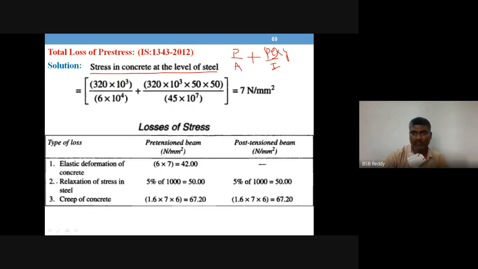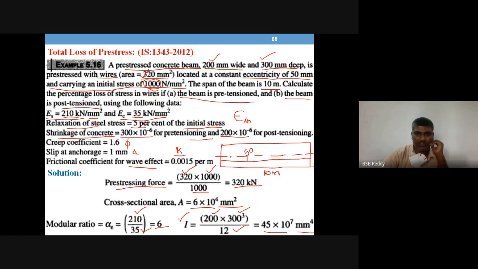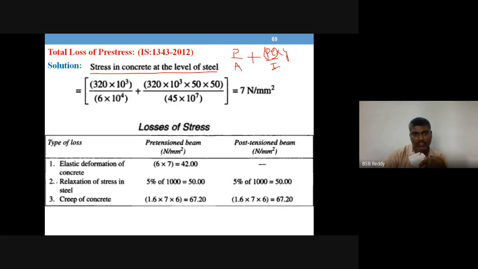Capital P means the pre-stressing force just calculated, 320 kilonewton, converted into newtons, divided by the cross-sectional area of concrete. Plus P into eccentricity 50 mm divided by the I value just calculated, and y means the location of steel from the centroid, I mean neutral axis, which is 50 only. This stress value is 7 Newton per mm square.